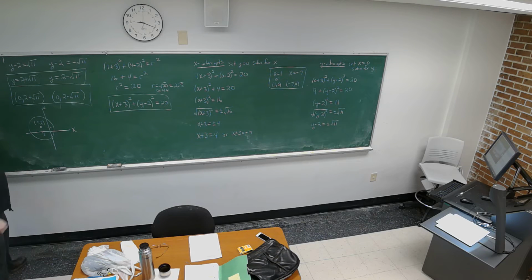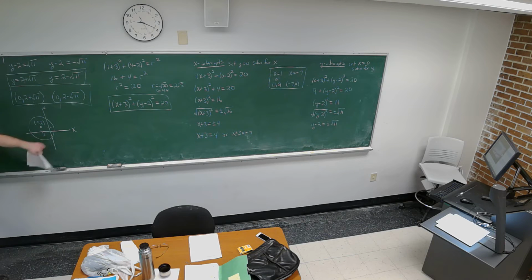So the distance from the center to the x-axis is only 2 units, because to plot this point, from the origin you go to the left 3 units, and then up 2. So the distance from the center to the x-axis is only 2 units, but the distance from the center to the point on the circle vertically is 4.4. So the x-axis cuts through it, something like that.